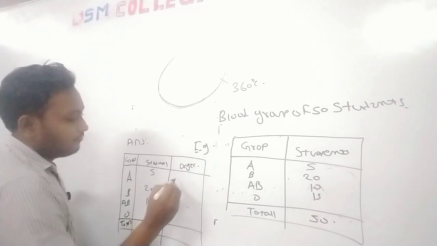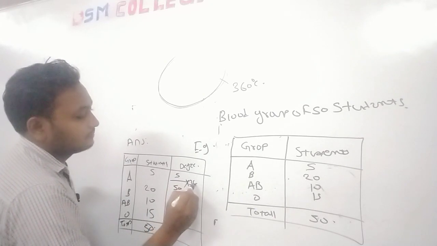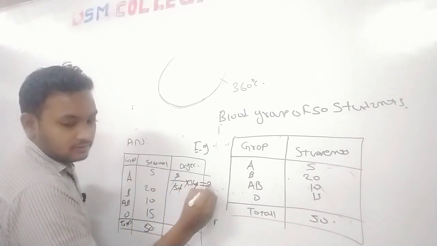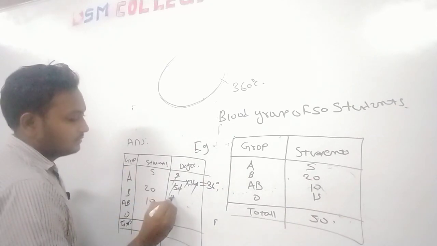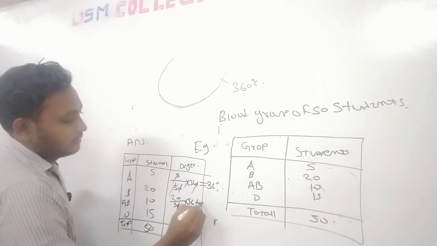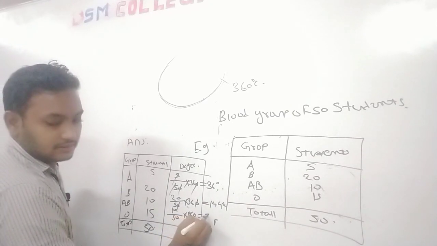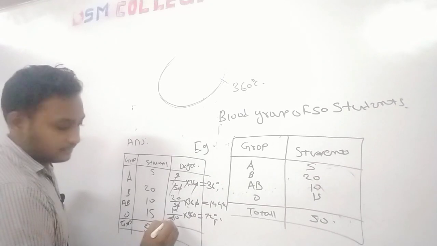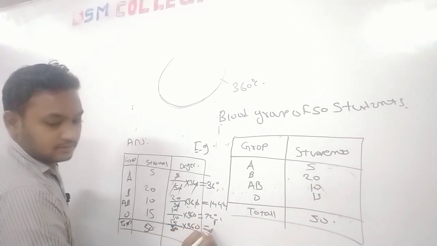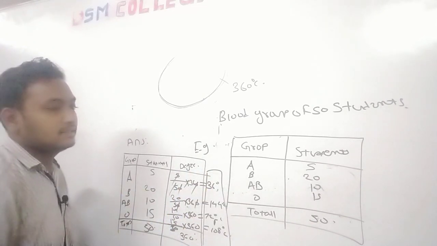The total is 50 and the circle is 360 degrees. For 5 students: 5 divided by 50 into 360, which is 36 degrees. For 20: 20 divided by 50 into 360, which is 144 degrees. For 10: 10 divided by 50 into 360, which is 72 degrees. And the last, 15 divided by 50 into 360, is 108 degrees. The total is 360 degrees.